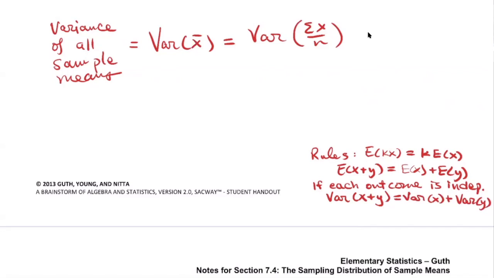Okay. Independent just means that the dice aren't influencing each other as they roll. I think that's a fair assumption. And then also the variance of kx is k squared times the variance of x. It's been a while since we saw that.